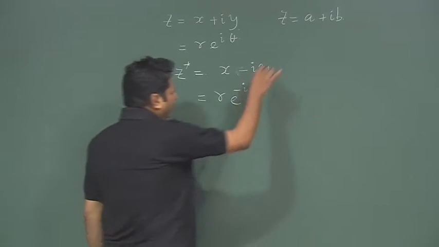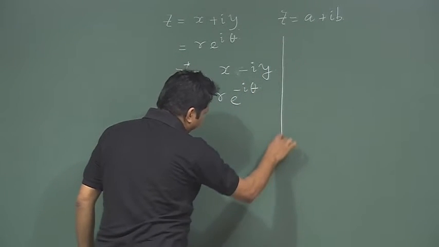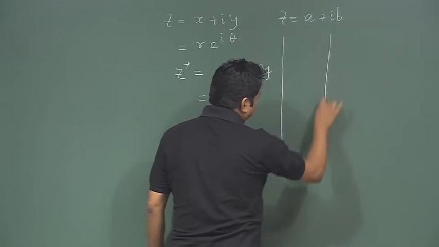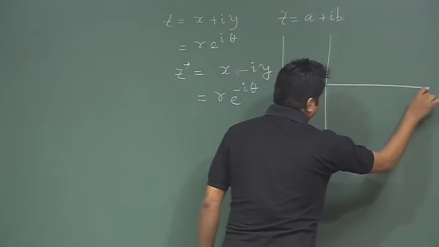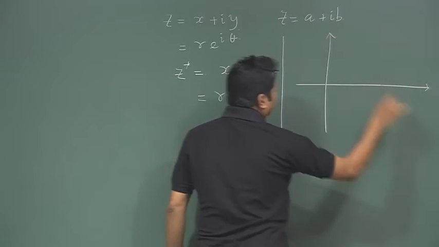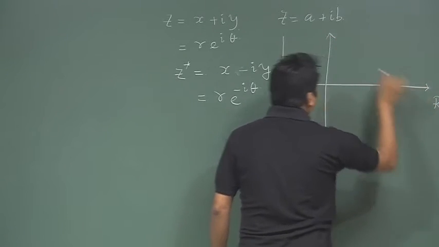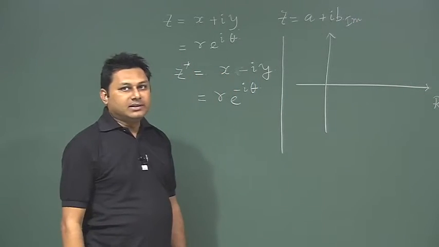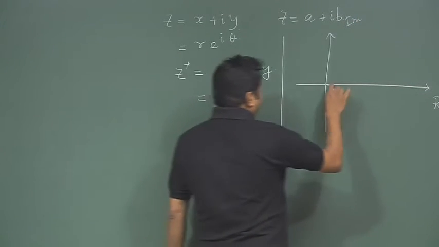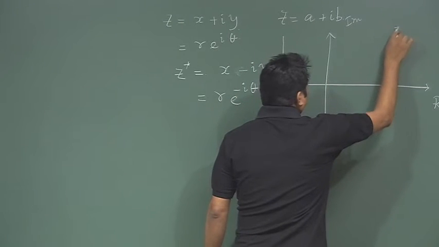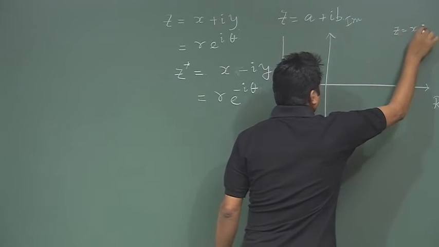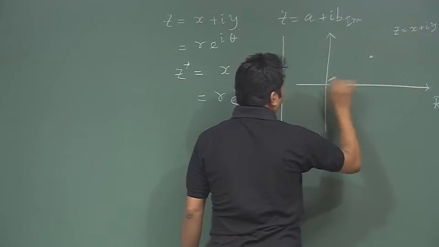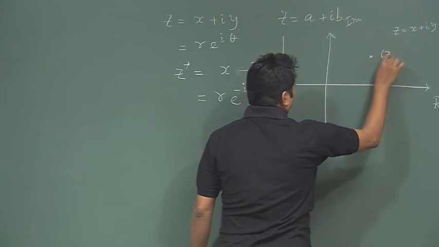Now, if I try to find out geometrically what is happening for this z star, say this is my complex plane, where the real and imaginary axes are represented like this. I have a point z which is x plus i y, which is here somewhere, (x, y).